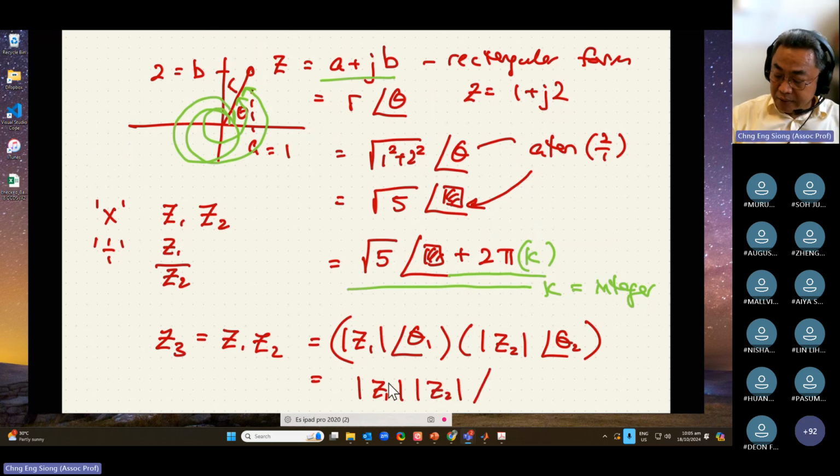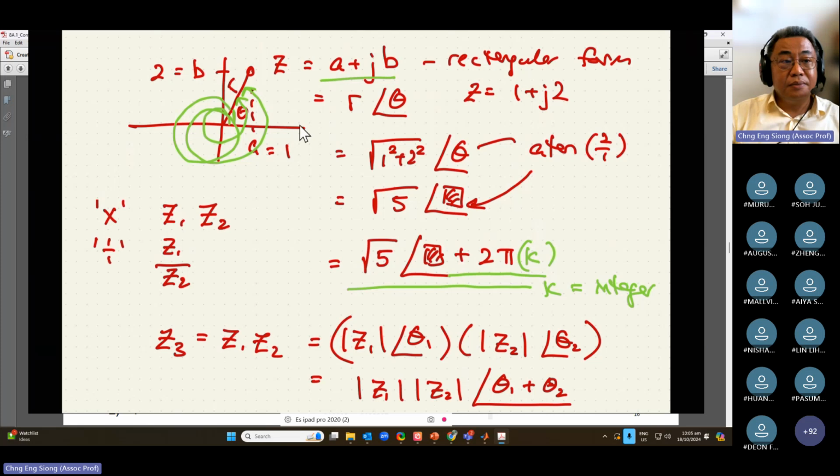The angle adds. So it's very nice. z1 times z2, the modulus, the length multiplies, the angle adds.